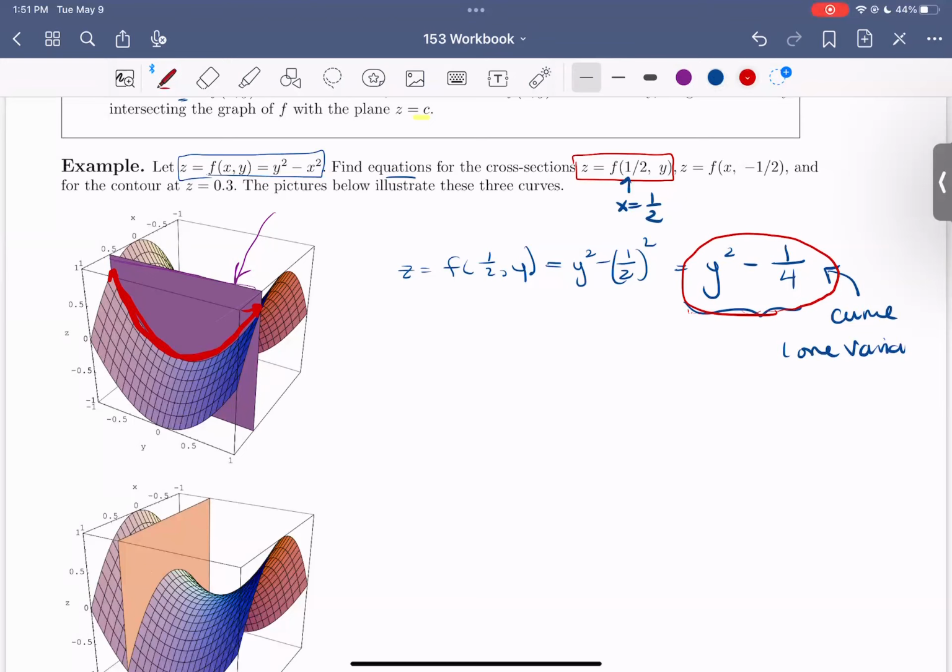We can even describe it. The cross section is a parabola, and we notice that that y squared is positive, so it is facing up like this. So it is an upward facing parabola.